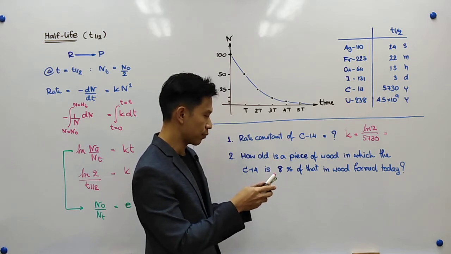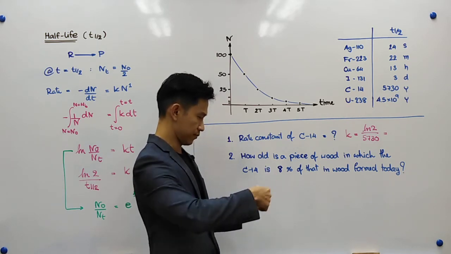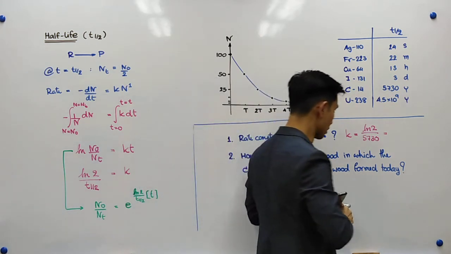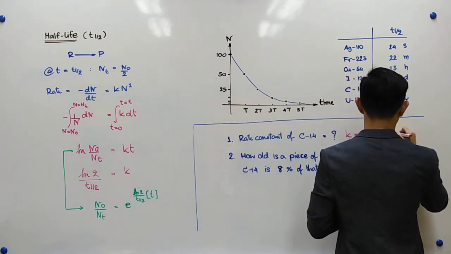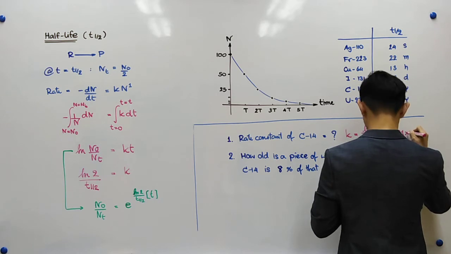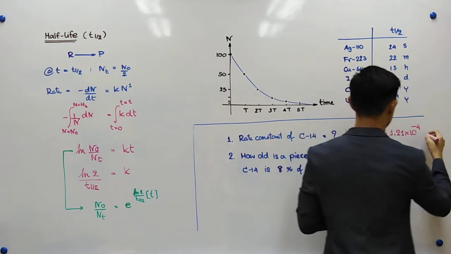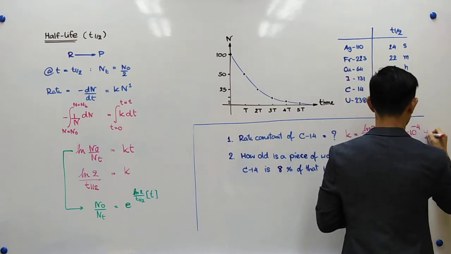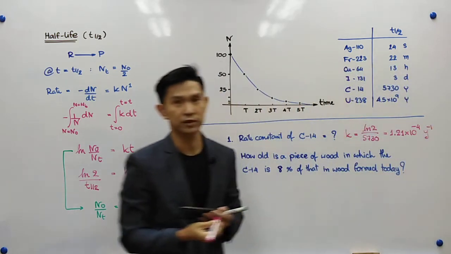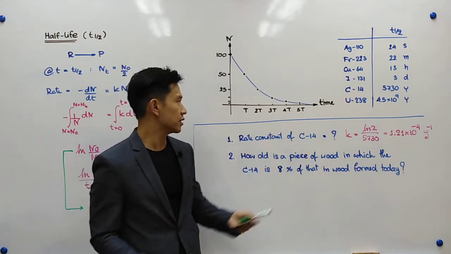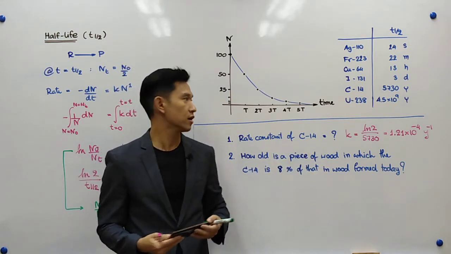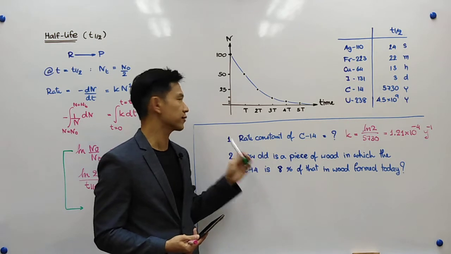So it's 1.21 multiplied by 10 to the minus 4, and the unit is reciprocal year. We have that. This is the K value, which is the answer to the first question.